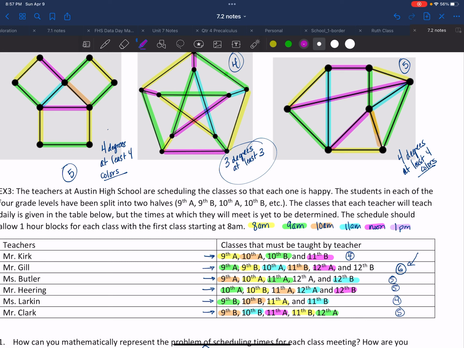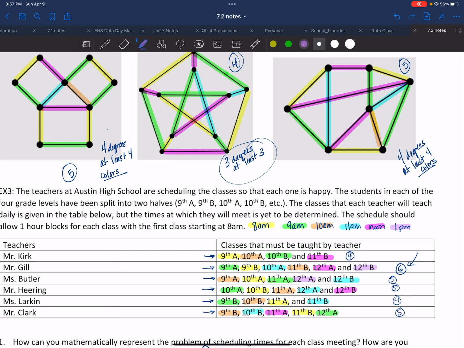And then my last colors would be the 12A and 12B. Okay, so that's one way to tackle it. And each of those times would be its own time slot. And the strategy was to make sure that you picked a different student group each time with a different teacher each time.